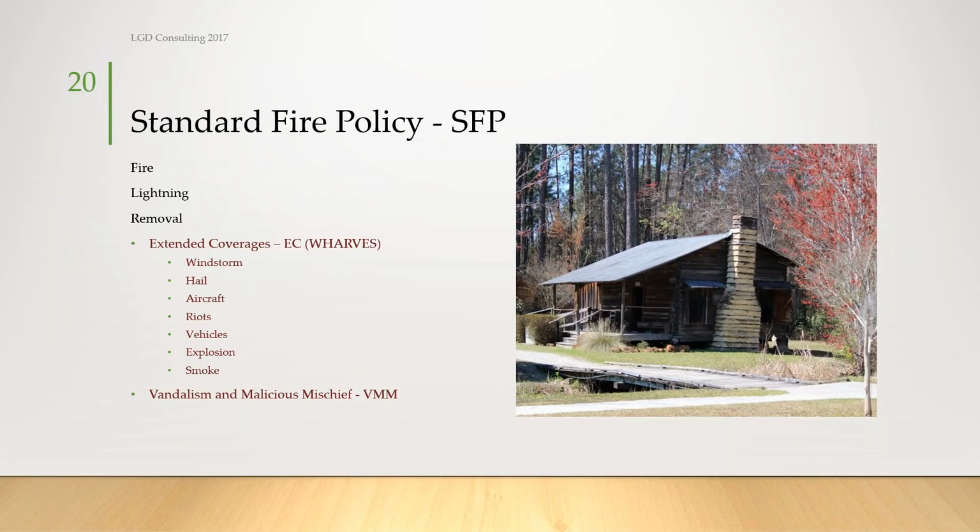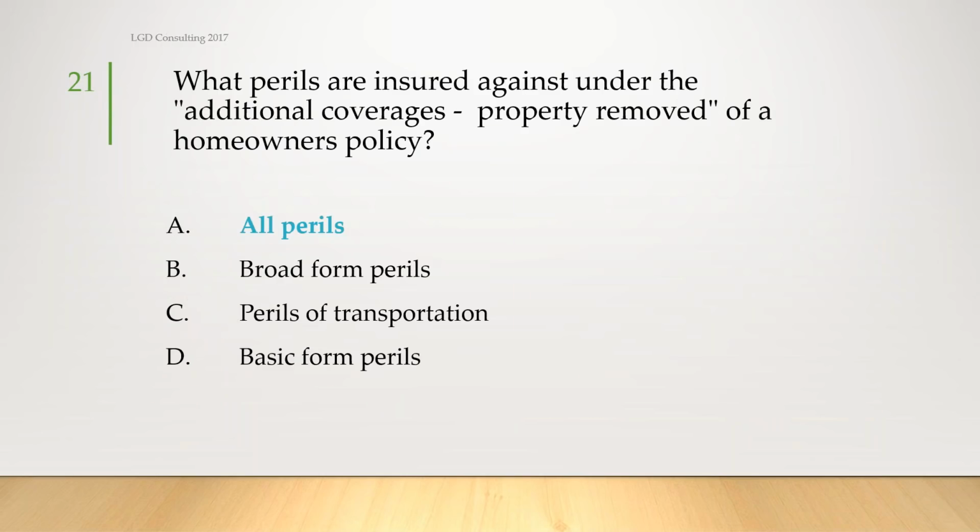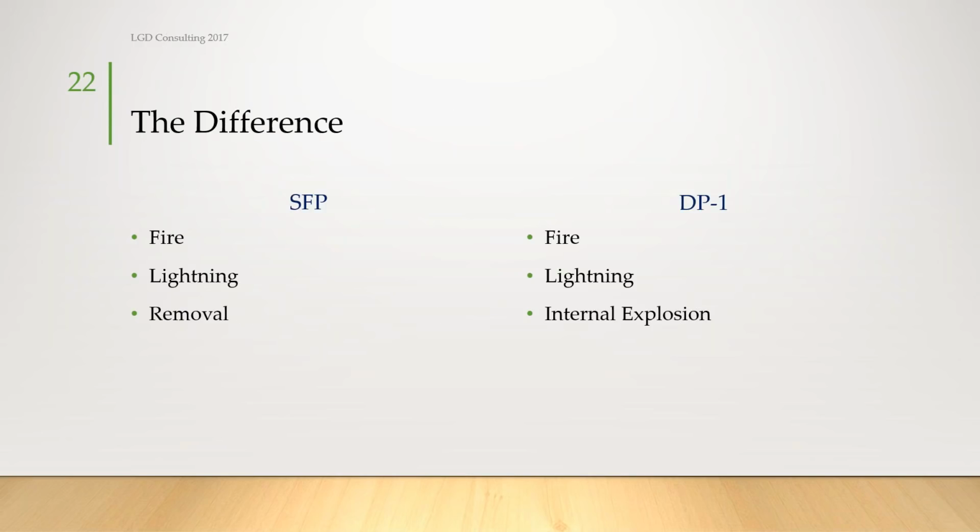And during removal, you have top-notch all-risk coverage, which is awesome. This is how removal shows up on the test. What perils are insured against under the additional coverages, property removed of a homeowner's policy? So basically, during removal, what type of coverage do you have? And it's all perils or all risk or open perils.